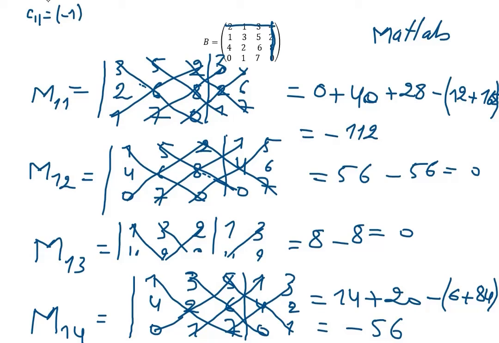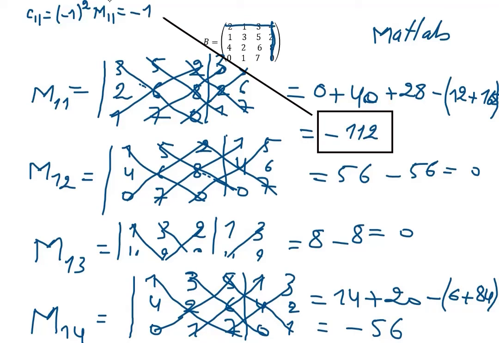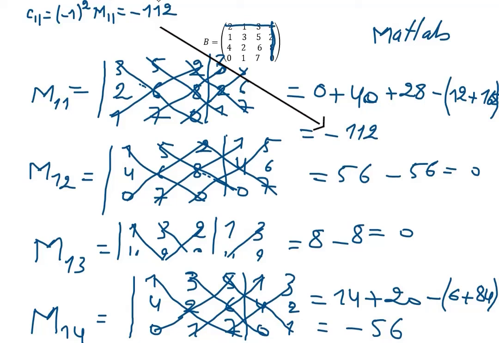minus 1 power 1 plus 1, which is 2, times m11, which is minus 112. So here is m11. This minus 1 here is squared, so it will be equal to 1, and it will be m11, and this minus here comes from here, from m11.